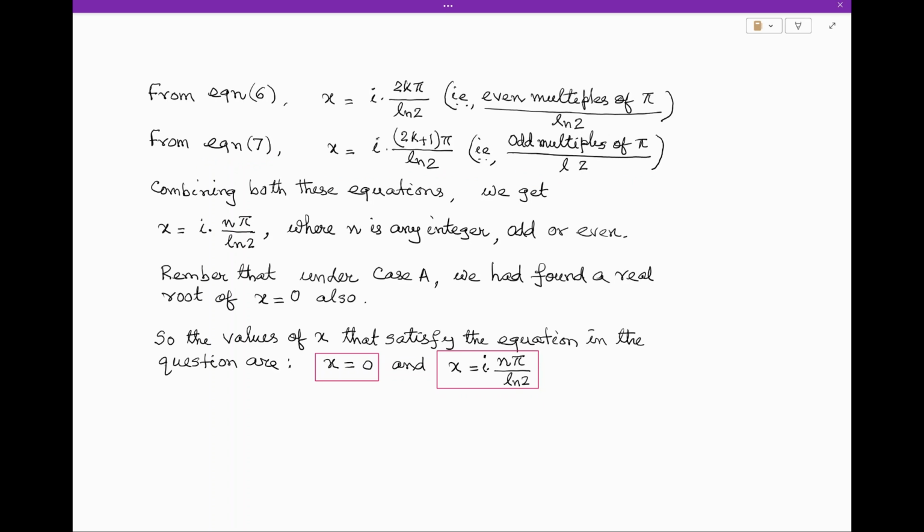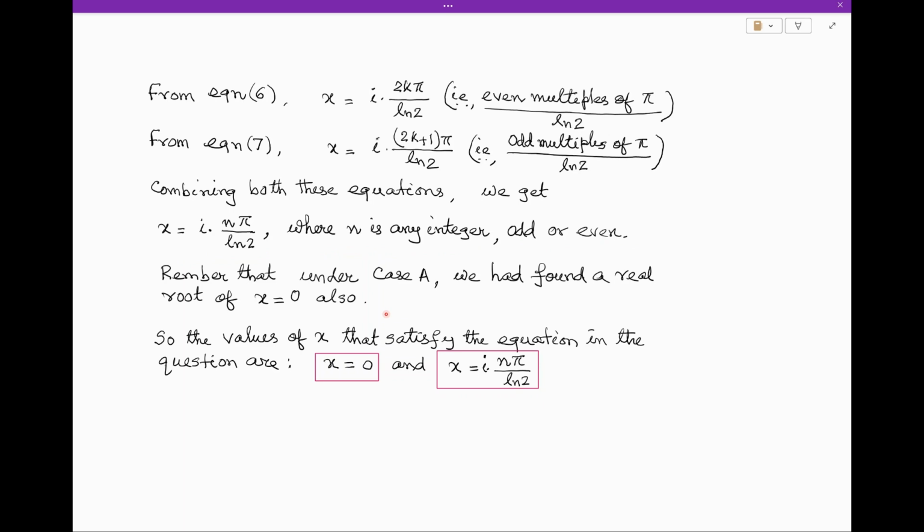Now combining both these equations, we get x is equal to i n pi divided by natural logarithm of 2, where n is any integer, either odd or even.